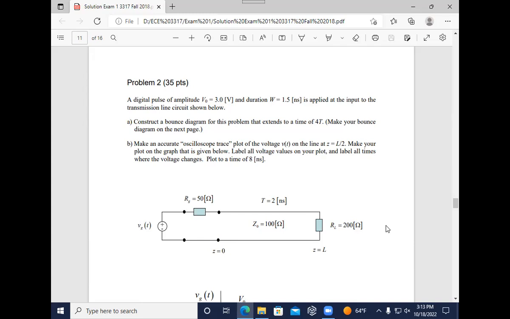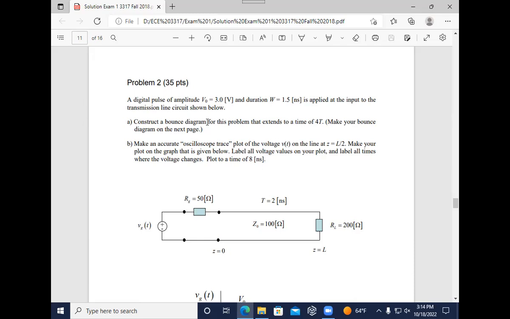Okay. First of all, in part B, they're not asking for a snapshot, they're asking for an oscilloscope trace. But in part A, which says construct a bounce diagram, that means just your basic bounce diagram, not 2 of them. If you want to make a snapshot, you take the original bounce diagram, duplicate it and shift it down.